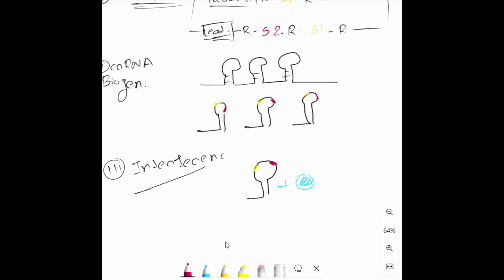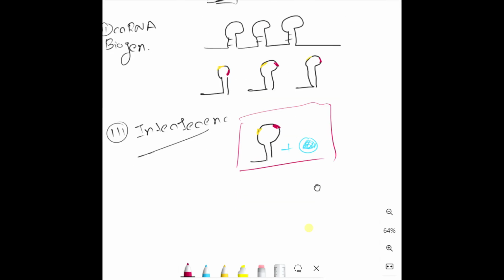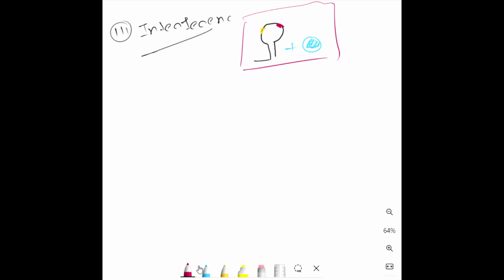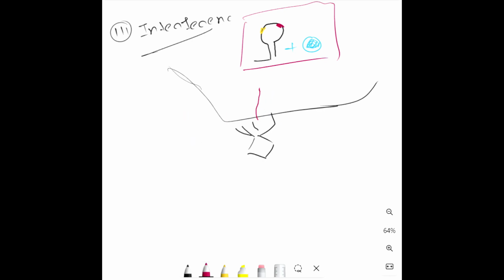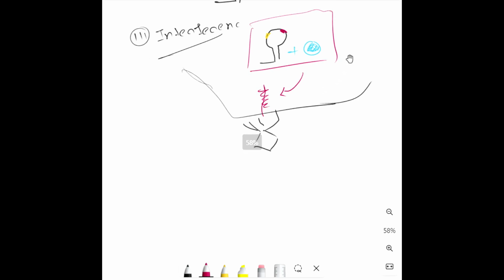So the defense mechanism is ready. So when in future the same phage infects the bacterial cell, this CRISPR effector complex would recognize this and would break down the viral DNA, preventing the bacteria from getting infected and subsequently getting killed by the virus.